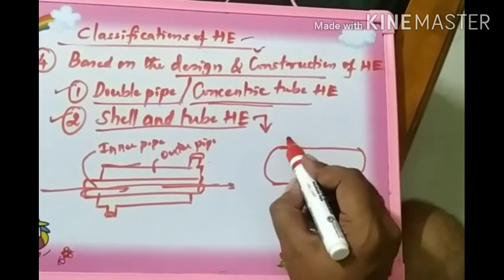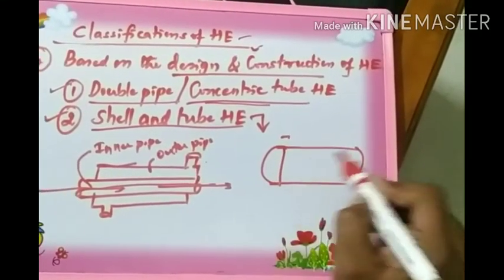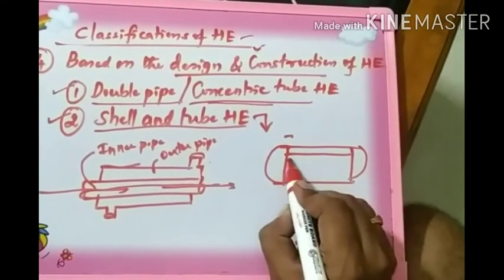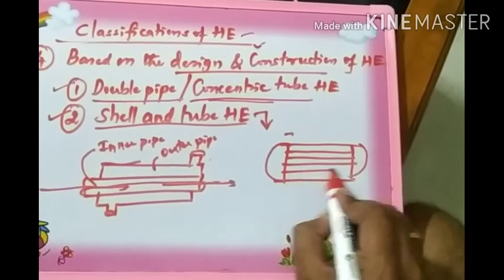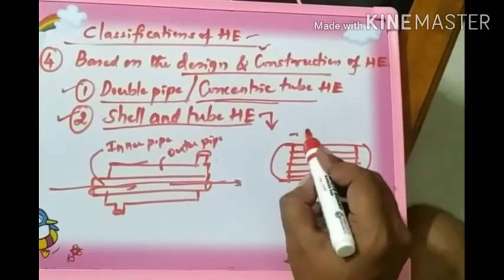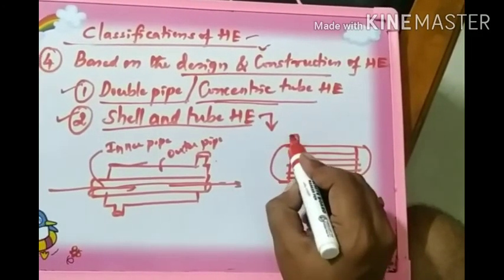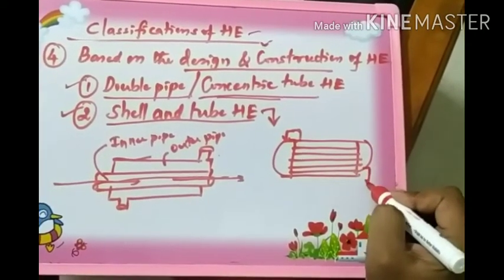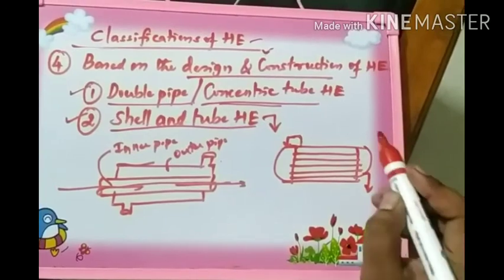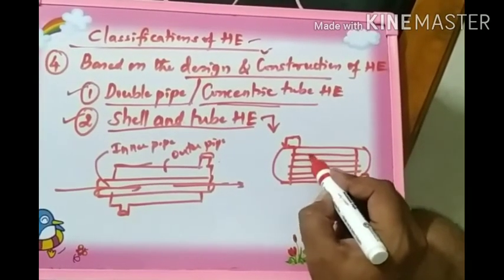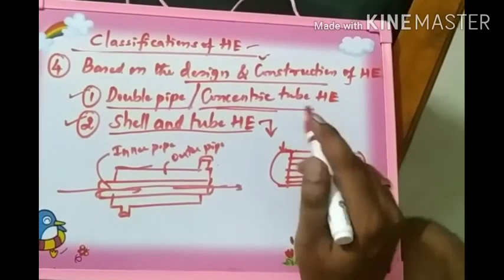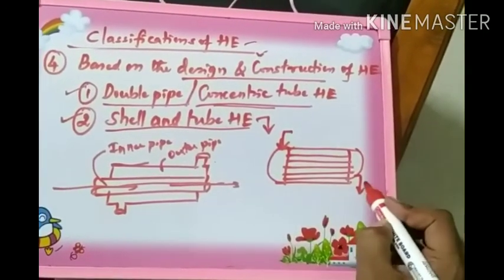So into the shell, we'll be having a series of tubes like this. There will be an inlet somewhere here, and there will be an outlet somewhere here.